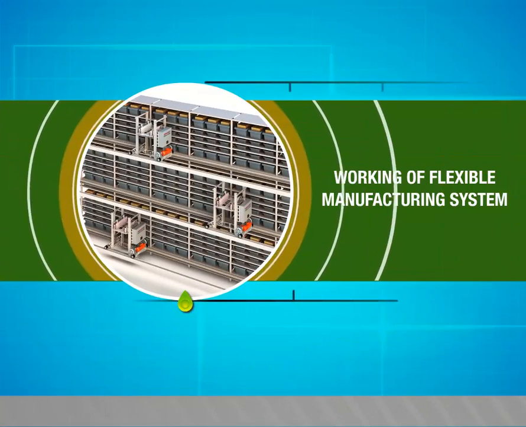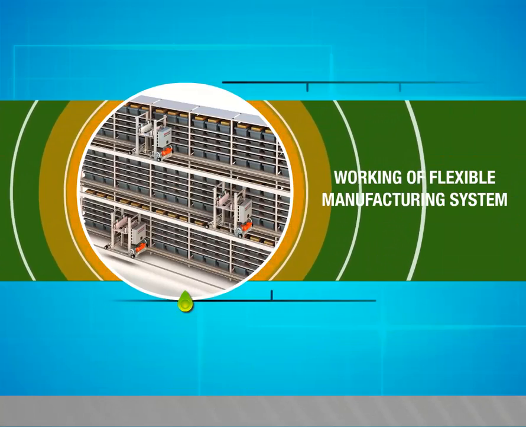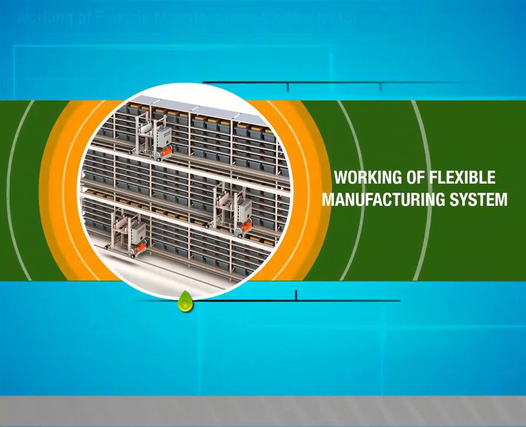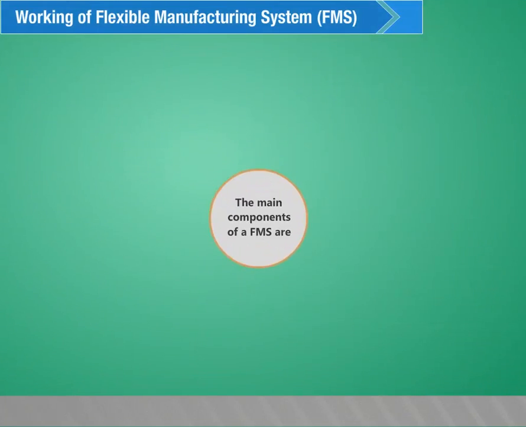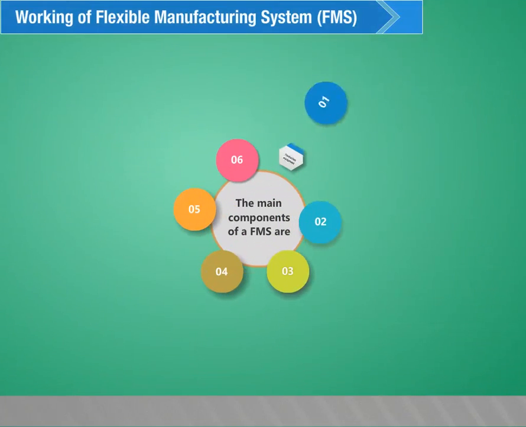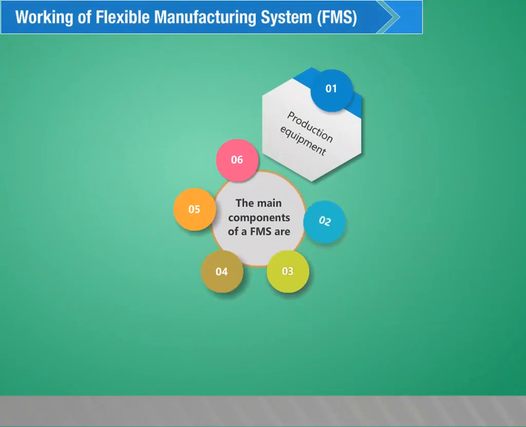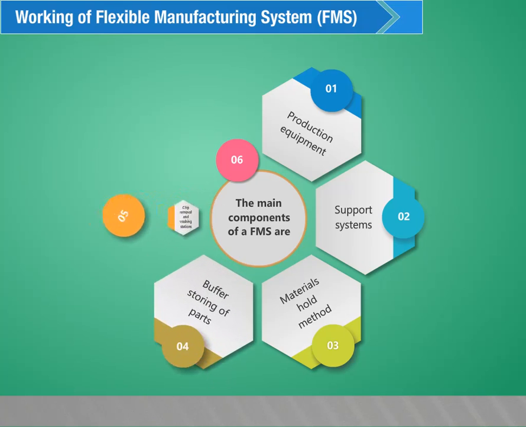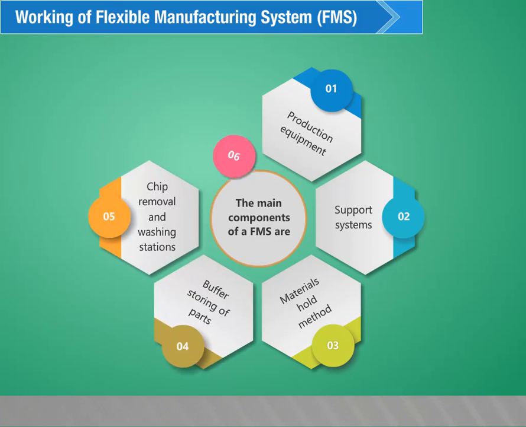Working of flexible manufacturing system. In this video, we are going to see about the working of flexible manufacturing system. The main components of a FMS are production equipment, support systems, materials handling method, buffer storing of parts, chip removal and washing stations, and computer control system.